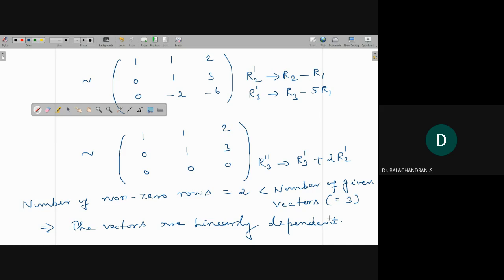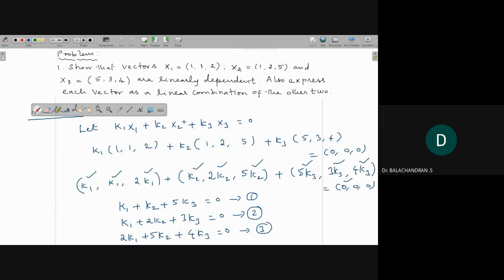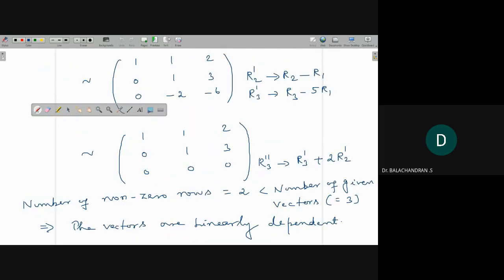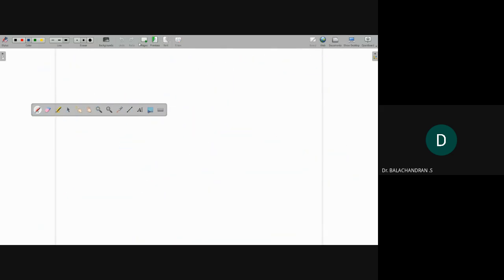Then I need to write these vectors as a linear combination. In the second part, we also express each vector as a linear combination of the other two. So for this, I will start here.